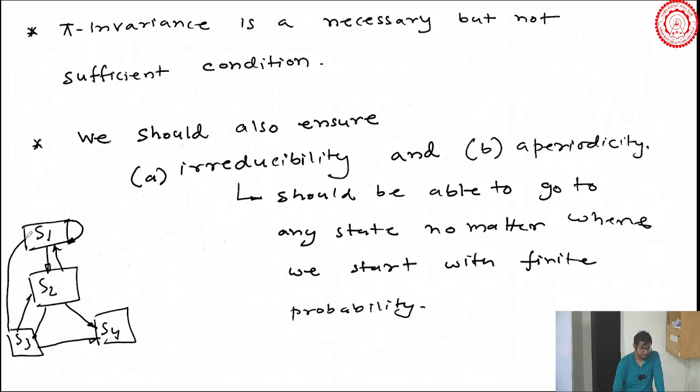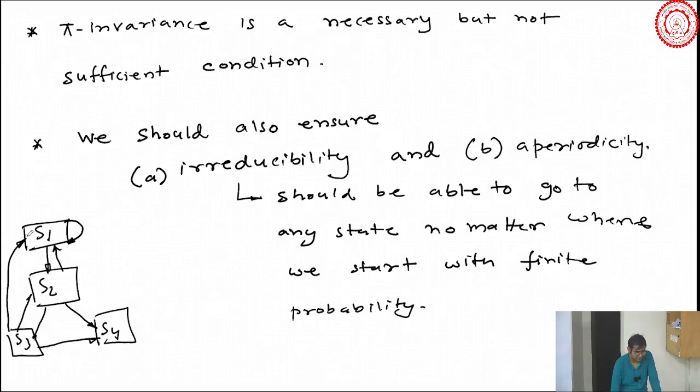What do you think? Is this a reducible or an irreducible one? Why? How many things is it irreducible? And how many things is it reducible? Reducible? Why? S4, if you go there, you are stuck, right?